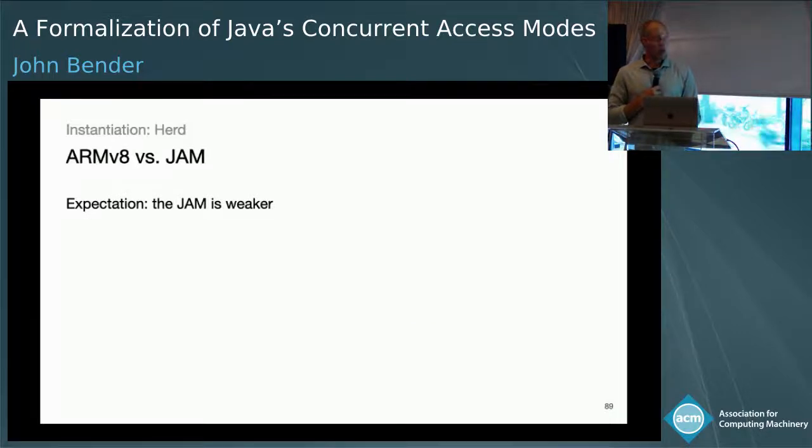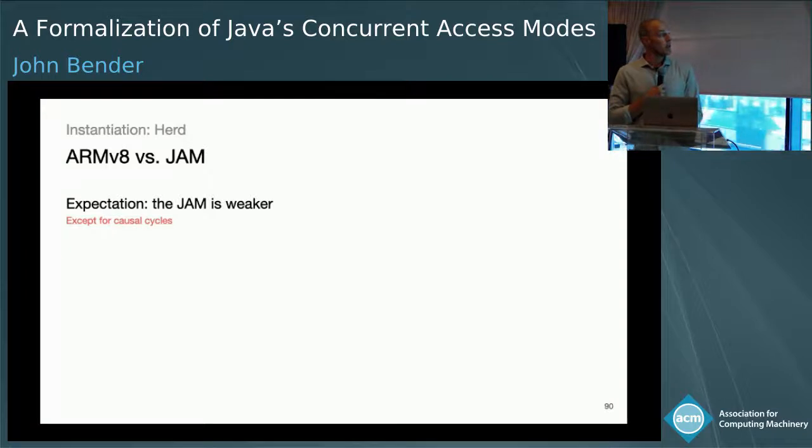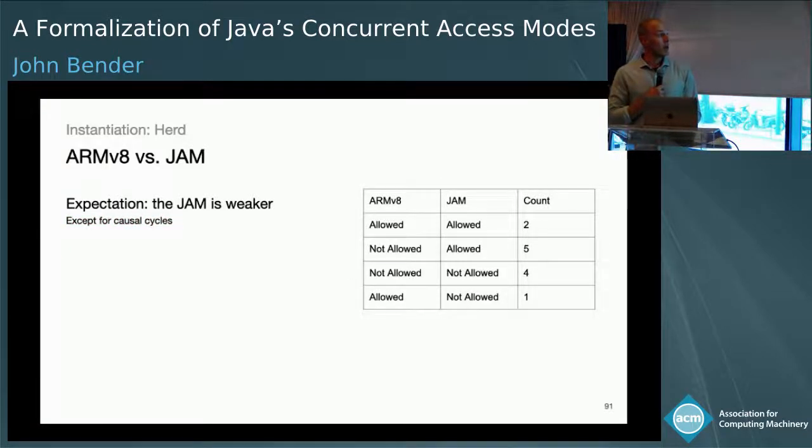In the case of ARM, we have one exception to this, which is that ARM allows causal cycles, right? Because we talked about that optimization, that example program with the optimization. So the JAM goes out of its way to forbid this, and it uses a big hammer, and it actually catches a lot of totally reasonable optimizations with this. So again, remember our implication. We expect that these things should be weaker, but then we have this instance where ARM is weaker than the JAM.